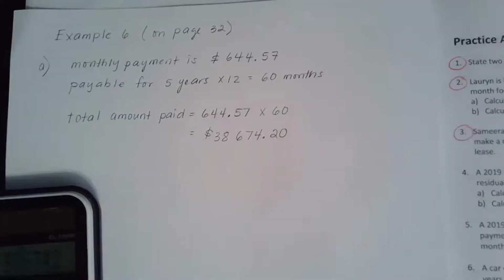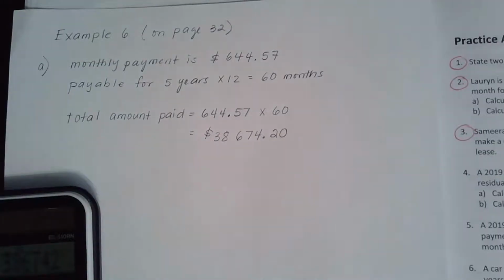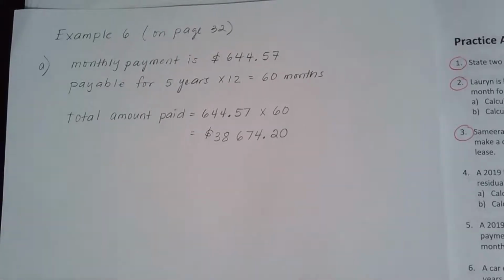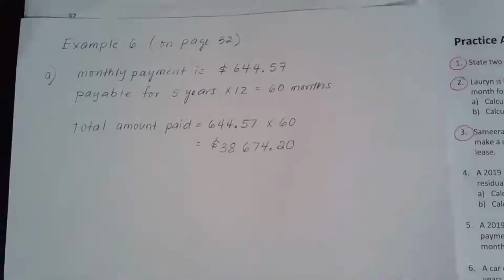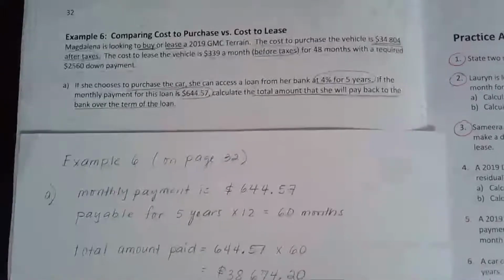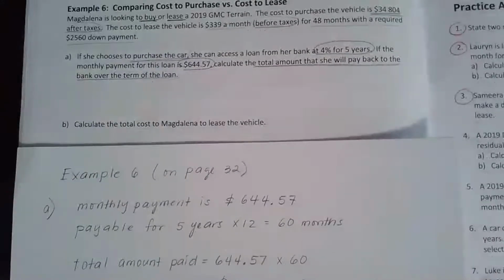I just have to add a 0 at the end, like what we've done before, because it's money, so it's two decimal places. So that's part A: what is the total amount paid if she purchased the vehicle on a loan? Let's take a look at letter B.